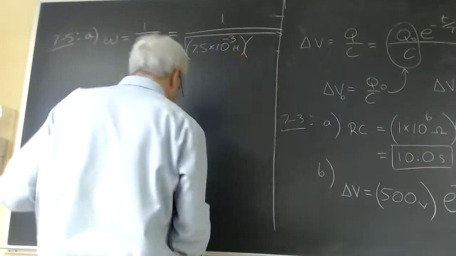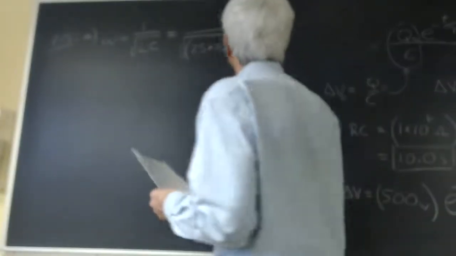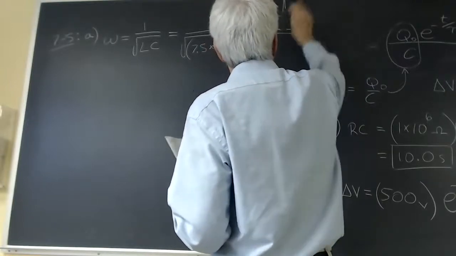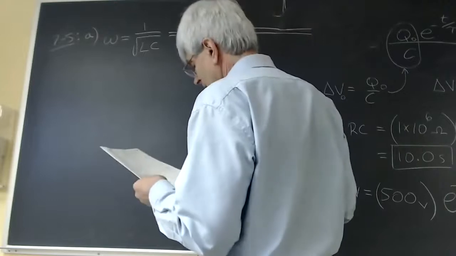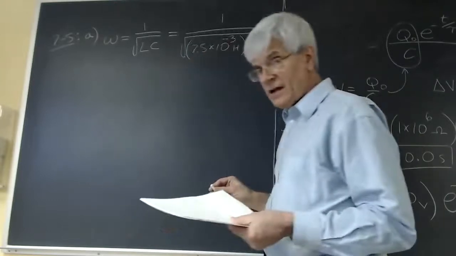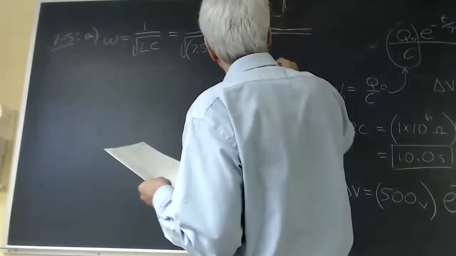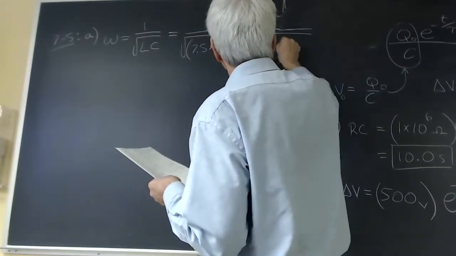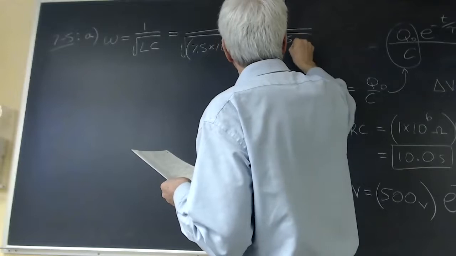I don't have quite enough space for the capacitance there, do I? Ten microfarads would be 10 times 10 to the negative 6, in other words, 1 times 10 to the negative 5th.